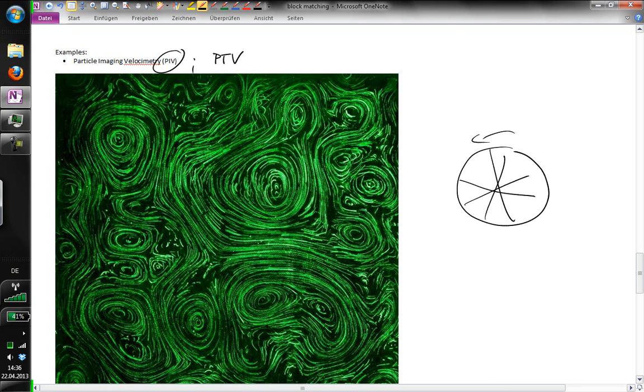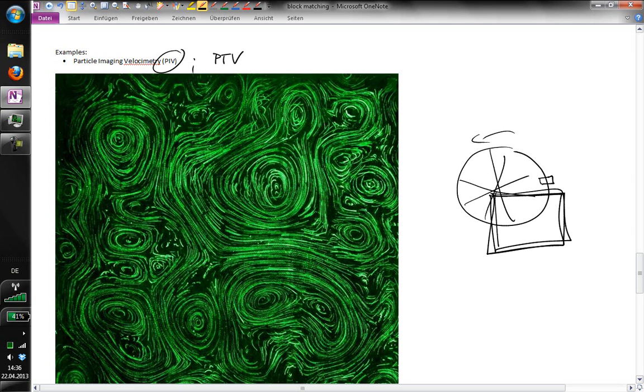If I use a small enough search window at one time frame and the next time frame, I can find the search window again and ignore the fact that actually there was rotation in the image. But if my block is too large, my patch that I'm trying to match is too large, then the rotation of the phenomenon will mean that you get a poor match.